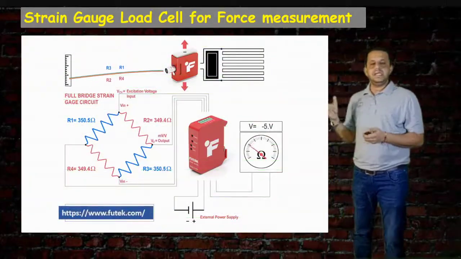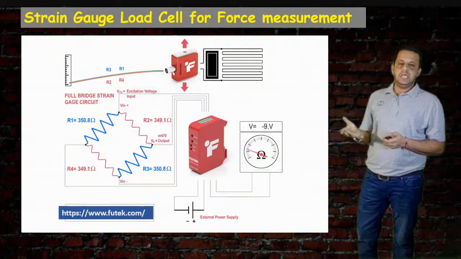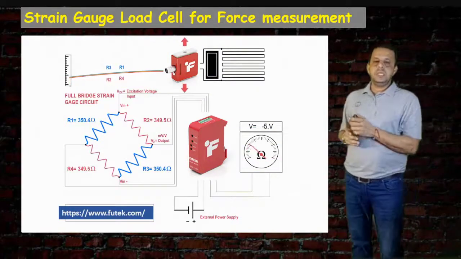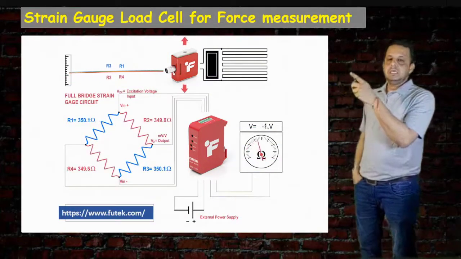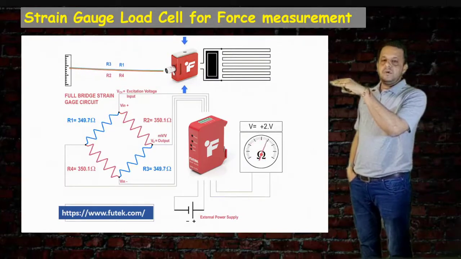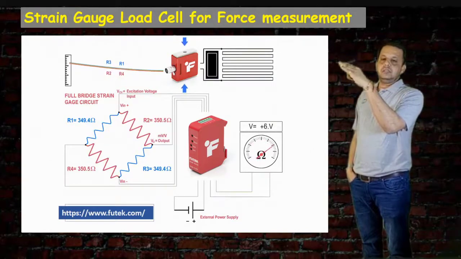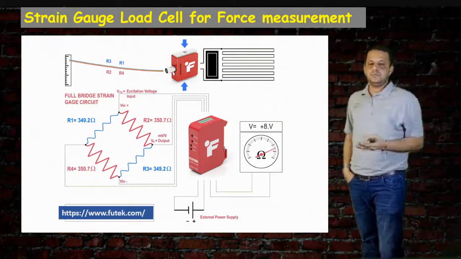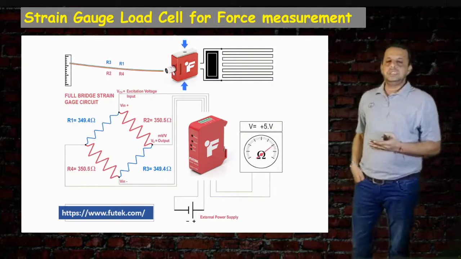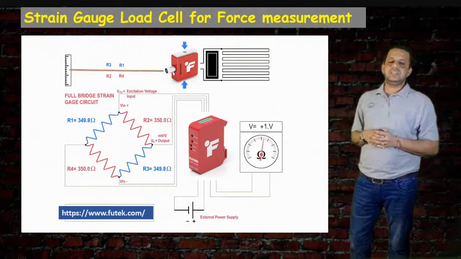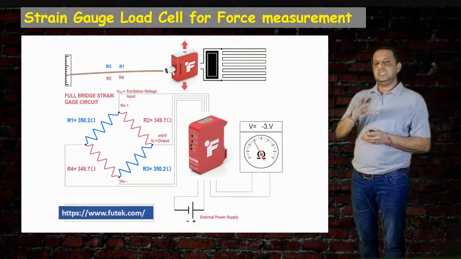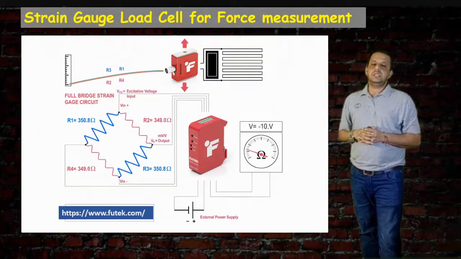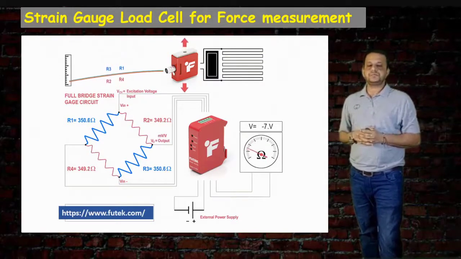The similar kind of activity I had shown when we studied strain. So here you see, when R1, R2, R3, R4 are changed, with the reference from Futek.com, one of the large sensor manufacturers, you see the entire working of the strain gauge in the load cell.